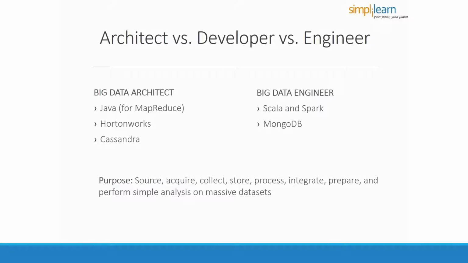And the big data engineers are reporting spending more time working in Scala and Spark and MongoDB. Just to remind you guys, the purpose of these types of roles is to source, acquire, collect, store, process, integrate, prepare, and perform simple analysis on massive data sets.